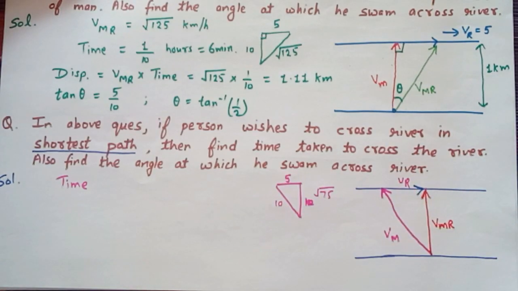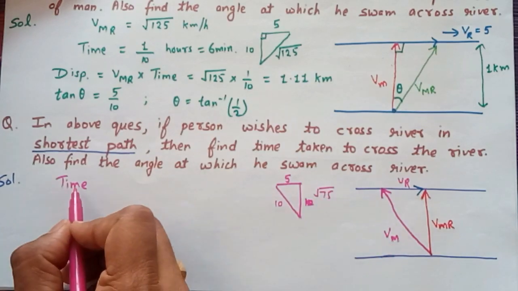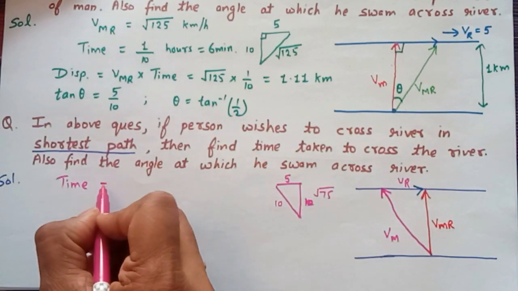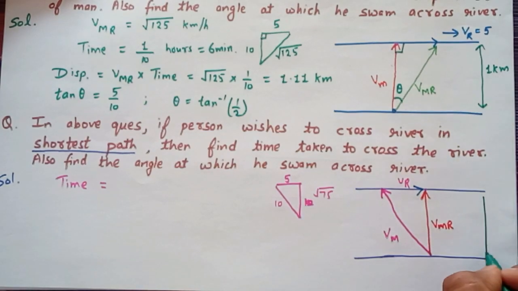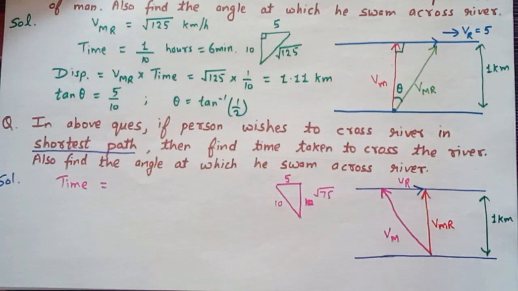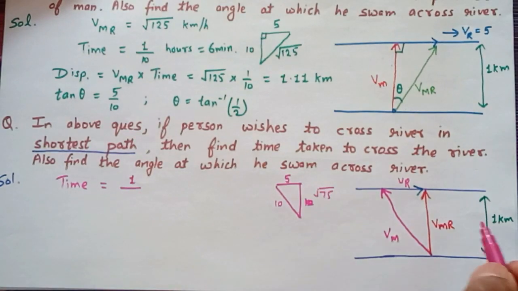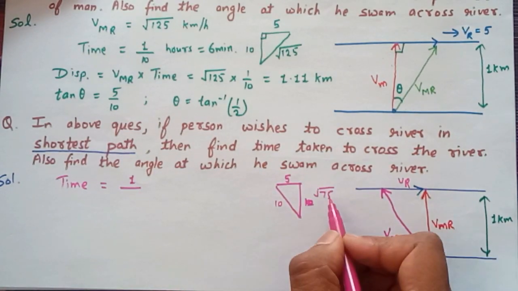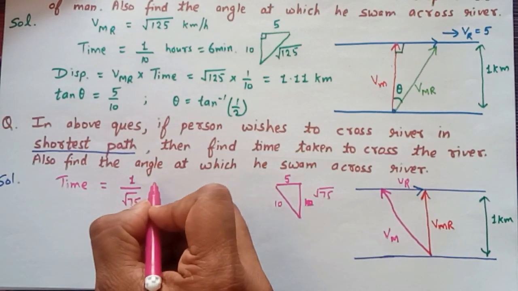So using the Pythagoras theorem, I find that this will be under root 75. What will be the time? Time will be distance upon speed. We know this distance, which is 1 kilometer. So the time will be distance 1 upon speed VMR, that is root 75 hours.